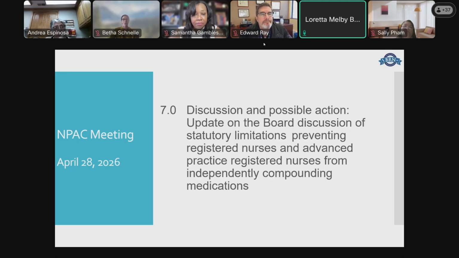When you look at something like that, where the definition of compounding includes that you cannot deviate from the manufacturer's recommendation on how you administer that medication as a single drug, then you are now combining two separate drugs into one. That is essentially compounding.